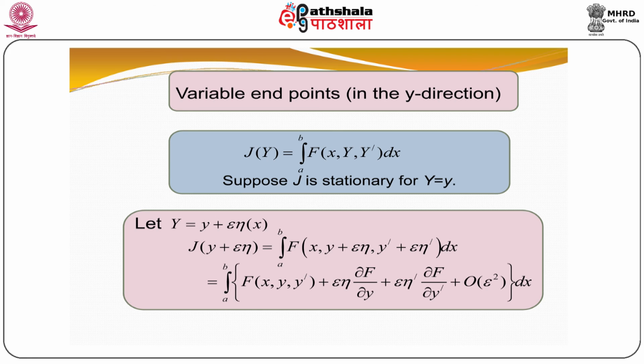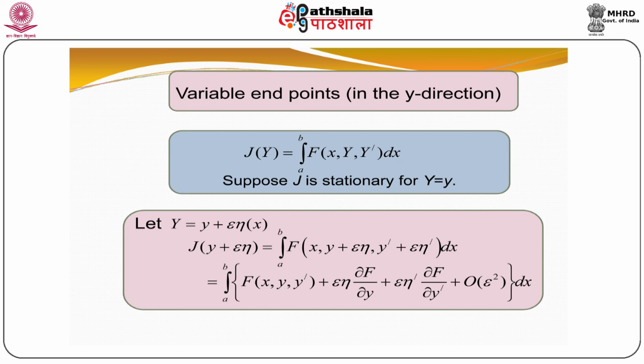Suppose capital J is stationary for capital Y equal to small y. Let us take this relation between capital Y and small y, where epsilon is a small parameter and eta is a function of x having first order derivative. Then we can write down this integral in this way.